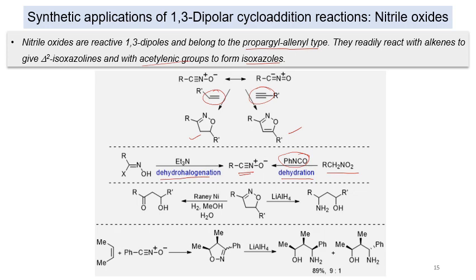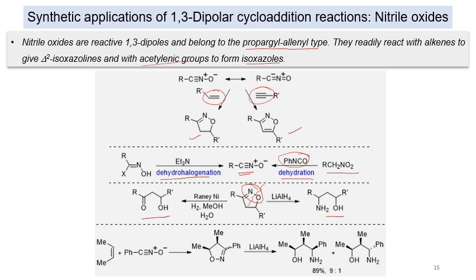What is the utility of these isoxazolines? These isoxazolines can once again be cleaved reductively to give you either amino alcohols by a complete reduction, or by reduction and hydrolysis can give you beta hydroxy ketones. So synthetically these cycloadducts are very important.